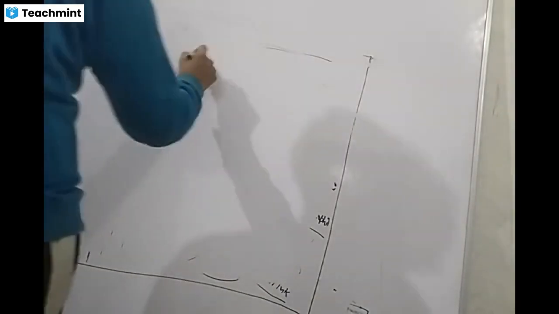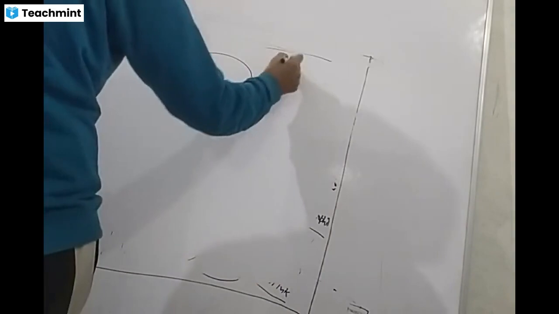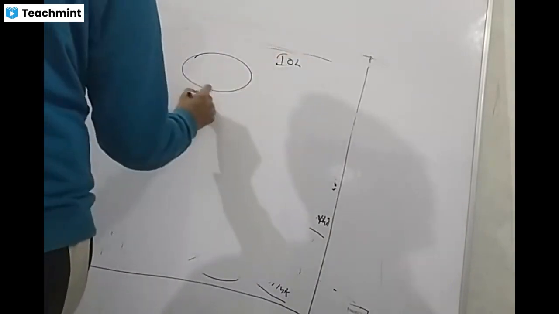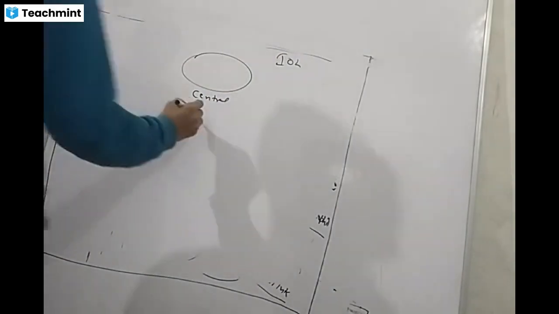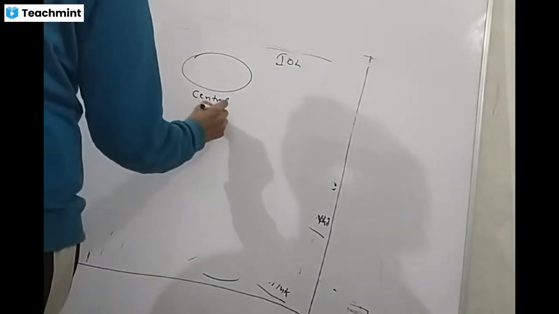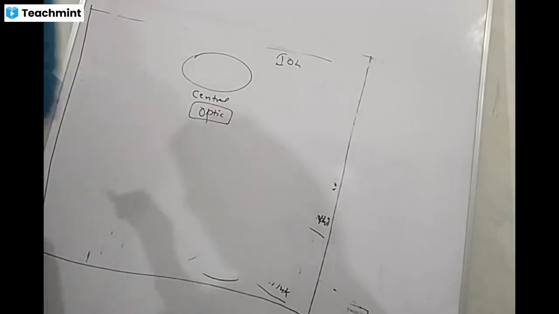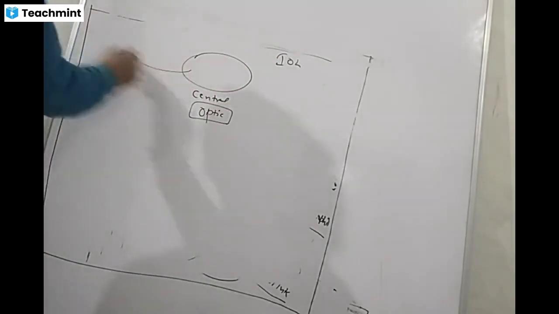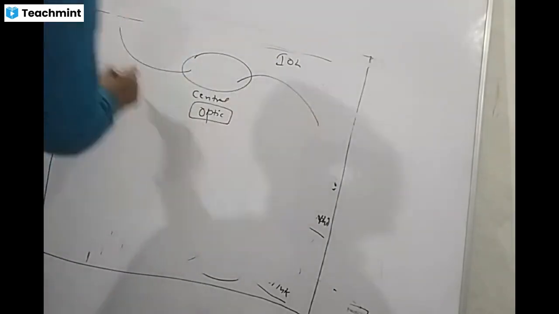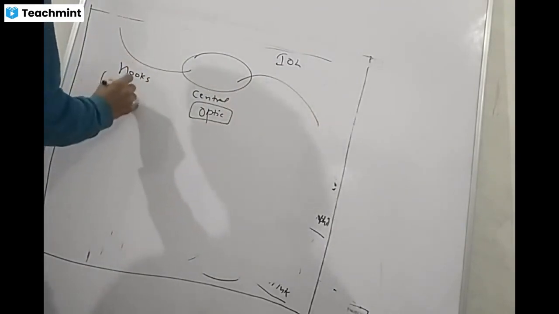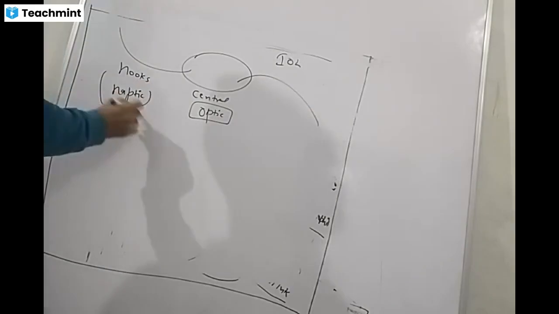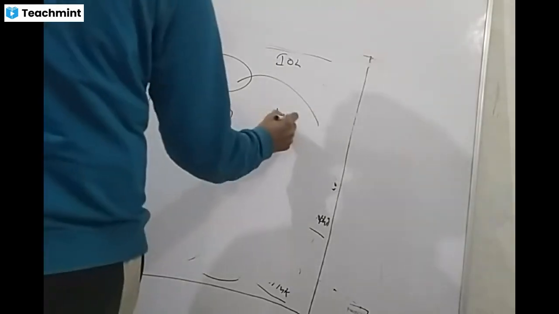If you look at the structure of one intraocular lens, the central part is known as the optic. These two hooks are known as haptics.